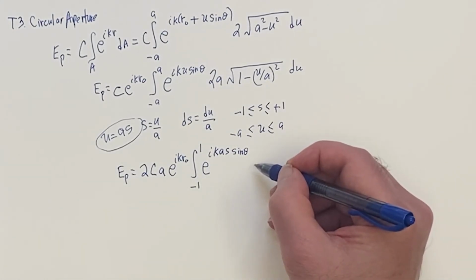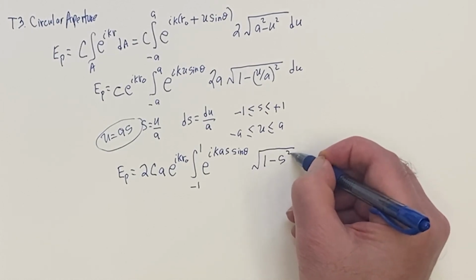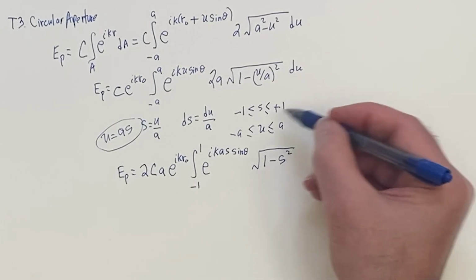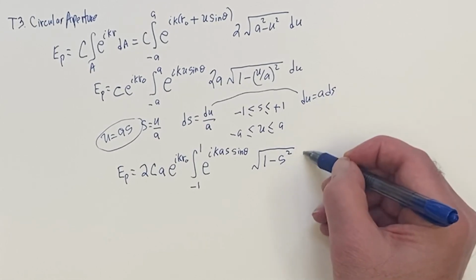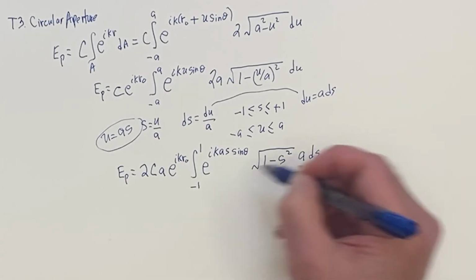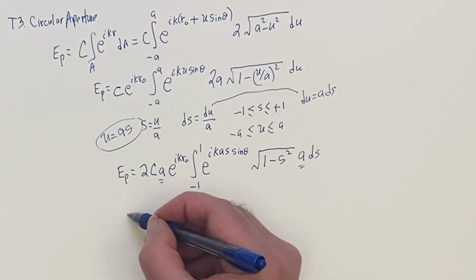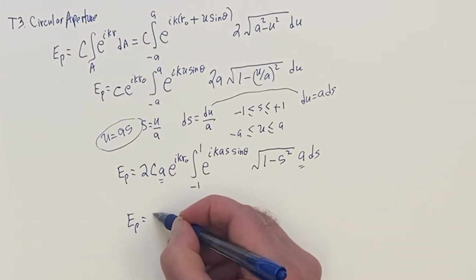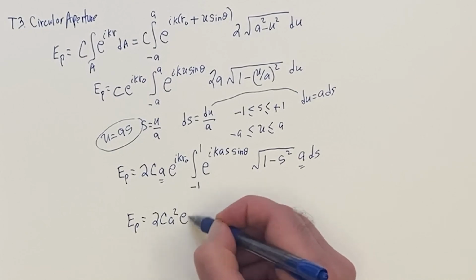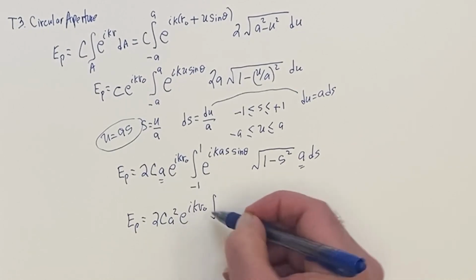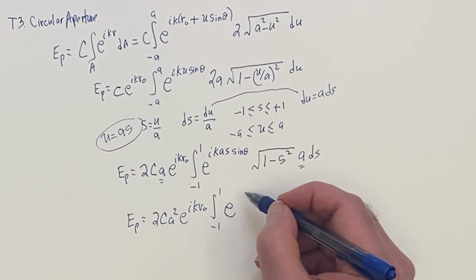And then here we'll have the square root of 1 minus S squared, but what's the du? Well, the du here would be A times dS. Now I like this, that A hits that A, and you get that area again, like a pi r squared kind of thing, or pi a squared. So E_P is here 2CA squared, e to the i k r naught, and now we go from -1 to 1, e to the i.